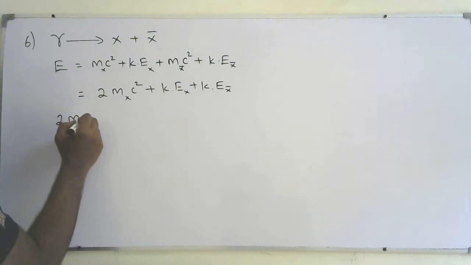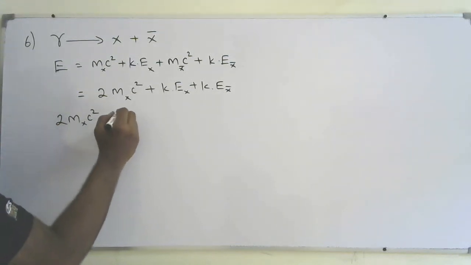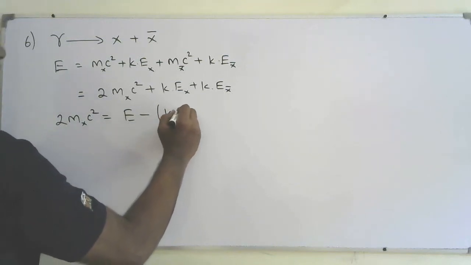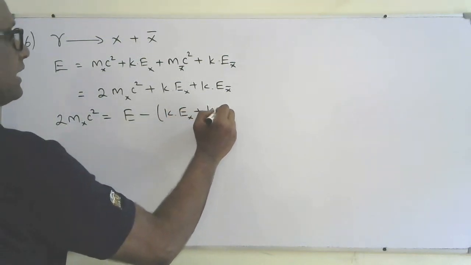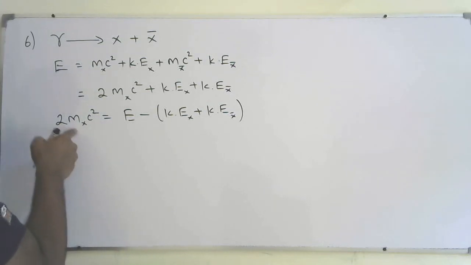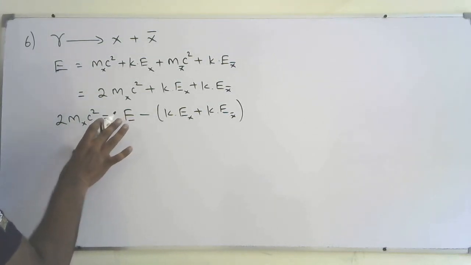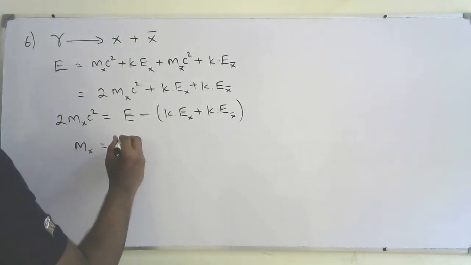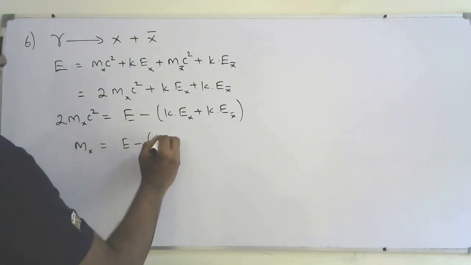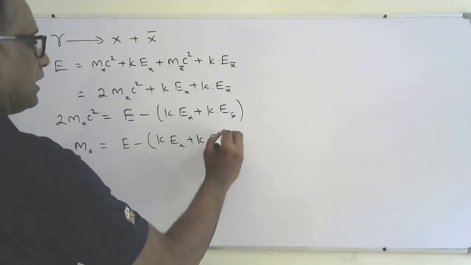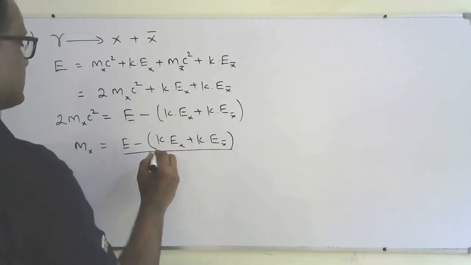We'll continue: 2 times mass of X c square equal to energy of the photon minus kinetic energy of X plus kinetic energy of X bar. So if I want to get mx, that is going to be E minus kinetic energy of X plus kinetic energy of X bar, over 2c squared.